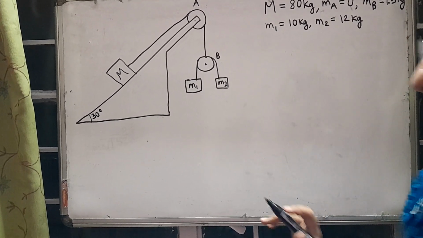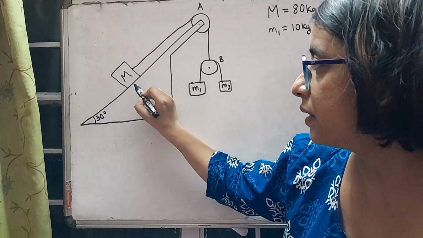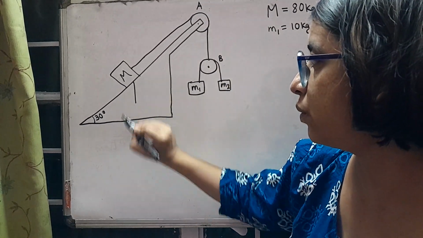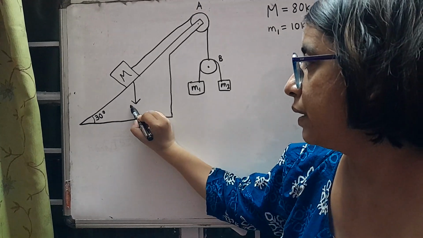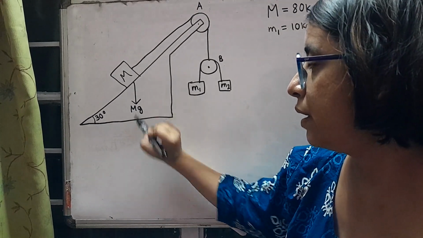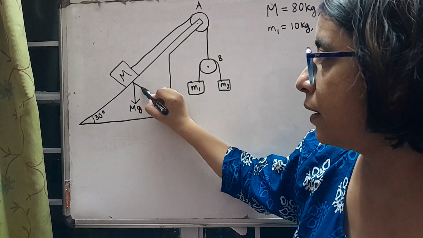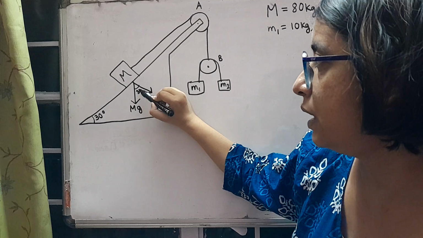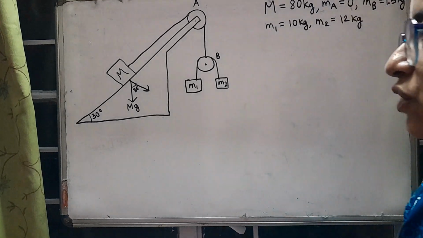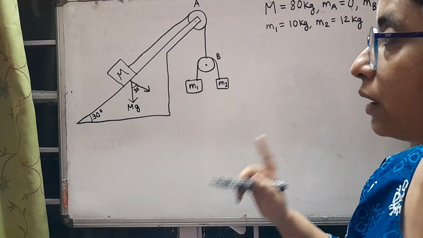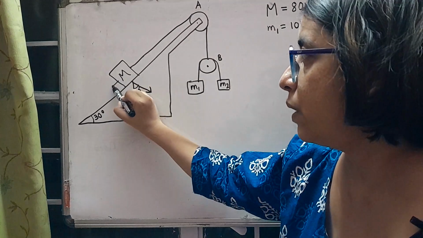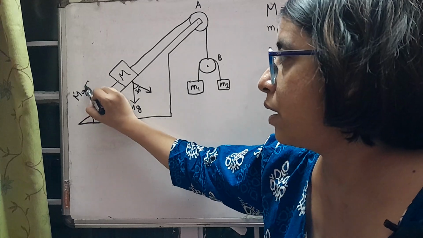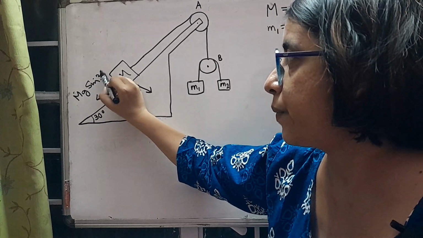So let us see this. This M is 80 kg. This mass has a weight acting downward, so this is capital Mg. If this is capital Mg, this component is Mg cos 30, but we are not interested in this component. We are interested in this component, Mg sin 30.